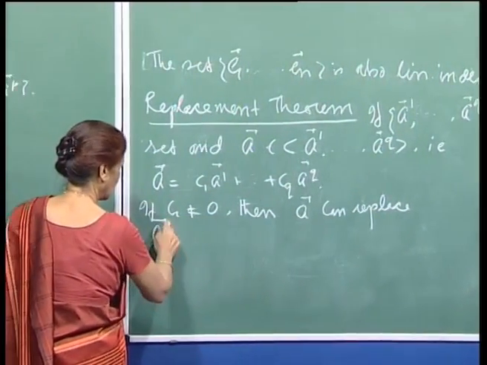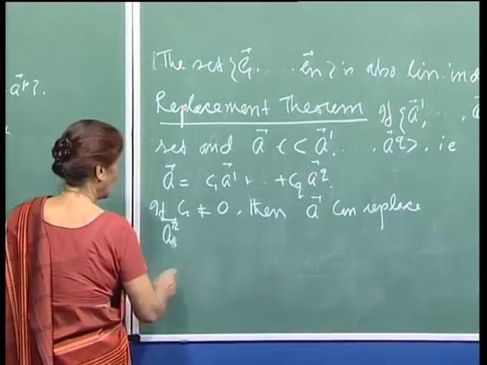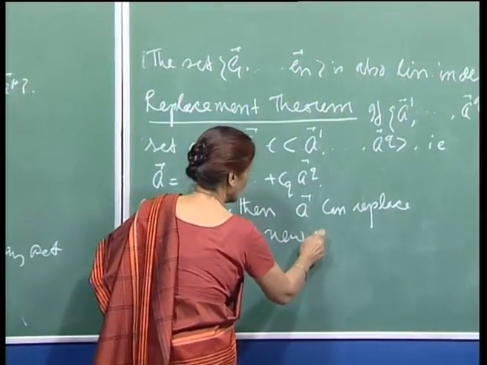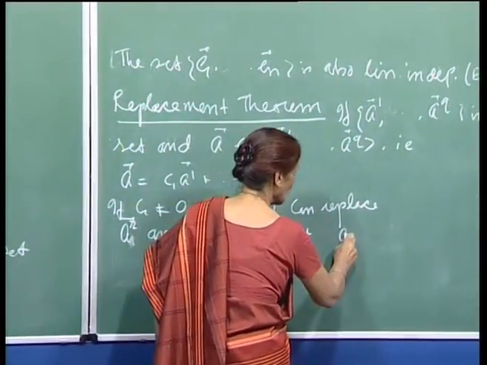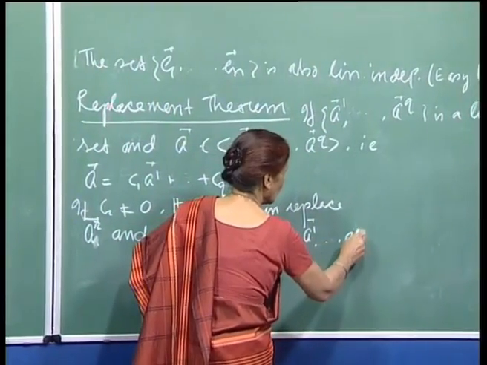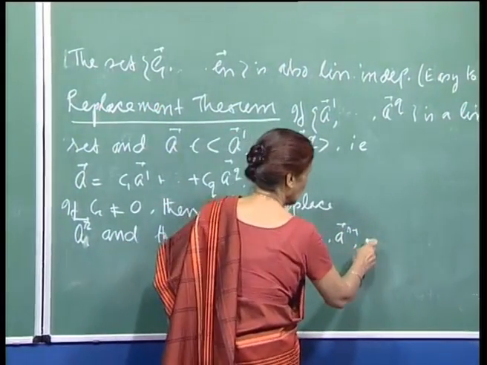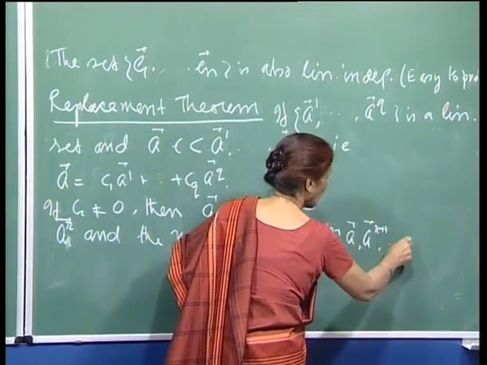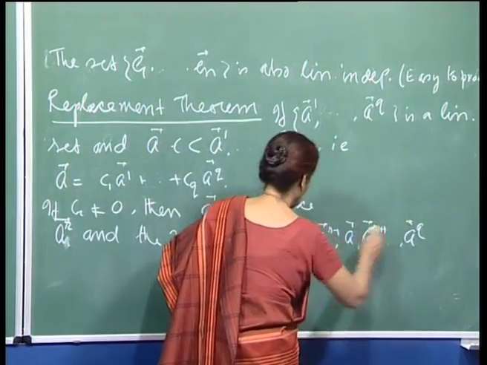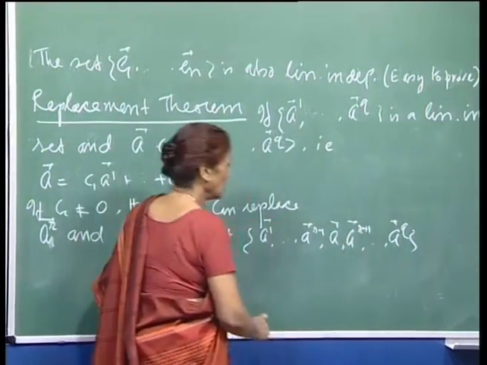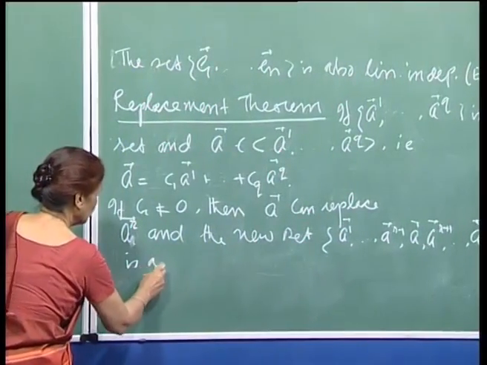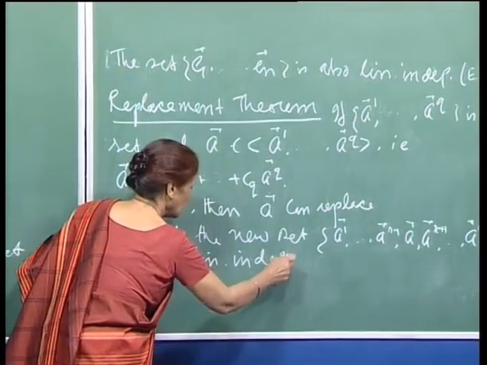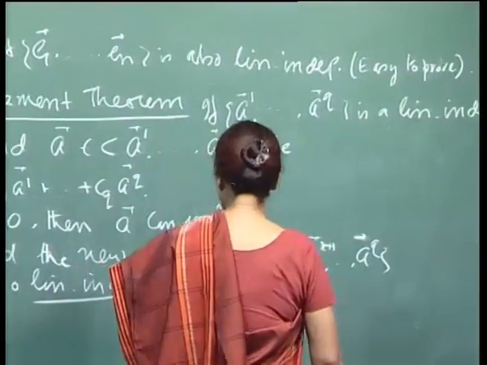The new set, which is A1 to AR minus 1, A, AR plus 1 to AQ, this new set is also linearly independent. The new set is again linearly independent.